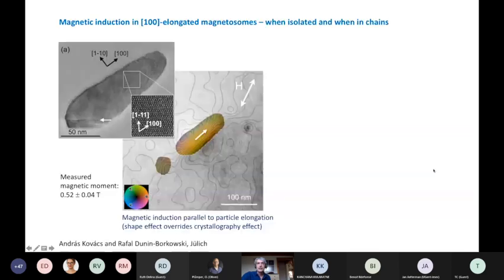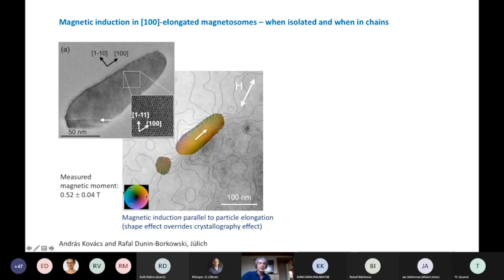So how do we study the effects that I mentioned? Well, this is an isolated crystal that is elongated along 100. So as I said, the 111, the magnetic easy axis would be in this direction. But as you see, all the magnetic induction lines are parallel to the elongation of the particle. So that means that the particle elongation is more important than the magnetocrystalline anisotropy in the case of magnetite, because that has a stronger effect on magnetization.